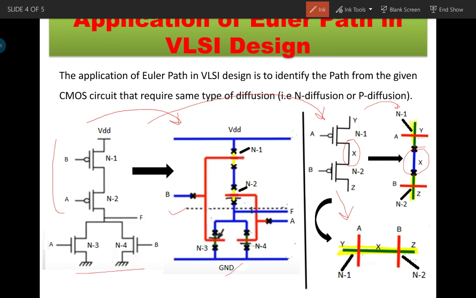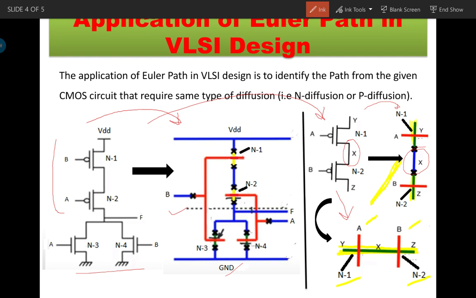Two polysilicon lines cross the yellow diffusion area, showing the two transistors N1 and N2. Now look at the difference between the two circuits. Here the two diffusions are separated and connected with a metal contact, and here a single layer of diffusion is used for representing the two transistors.